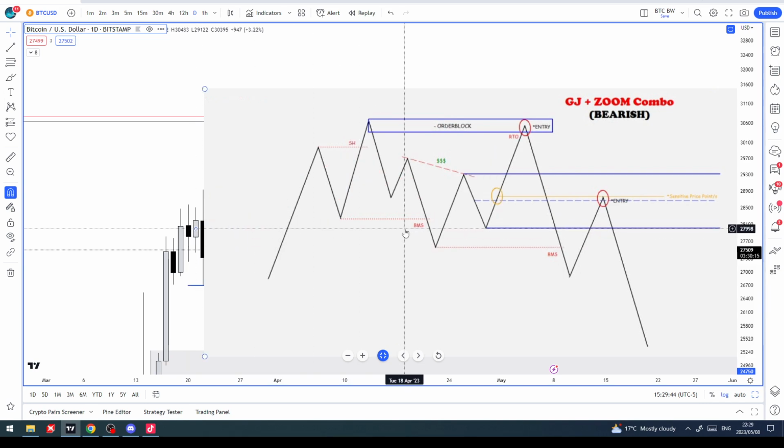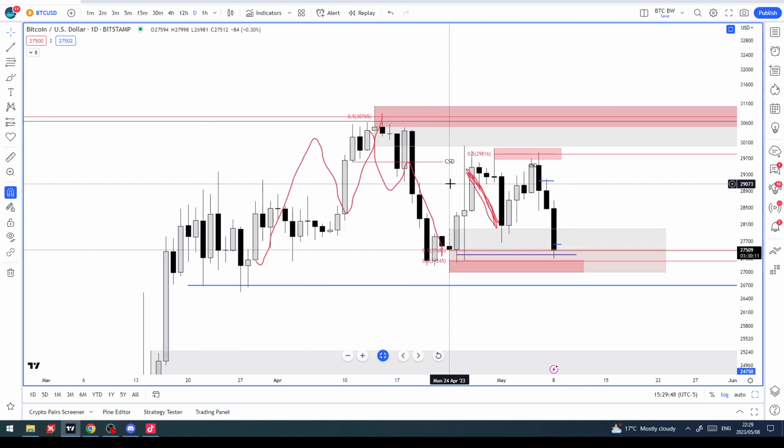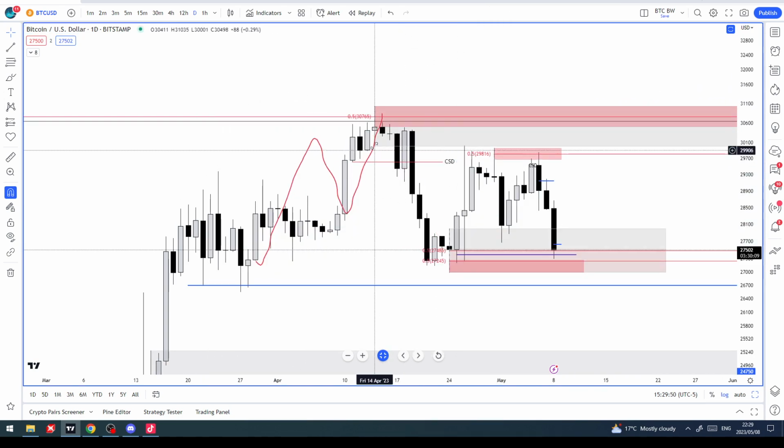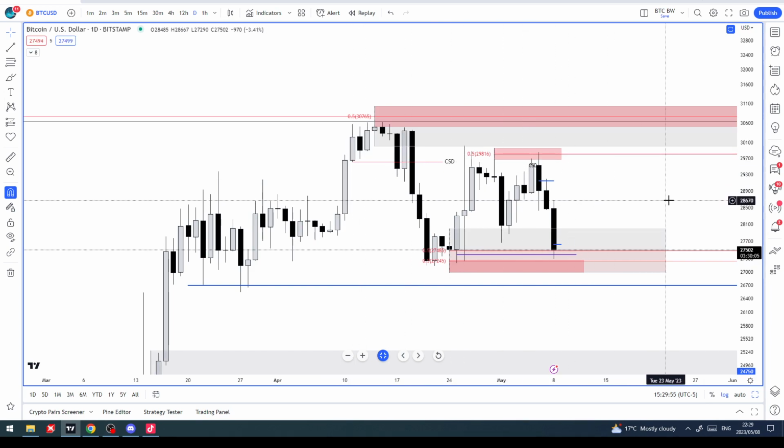So the expectation now is, it's simple. If you are bearish, remember I told you this in the group as well. If you are bearish, you want to see a run on buy side liquidity, and then sell side liquidity, right?